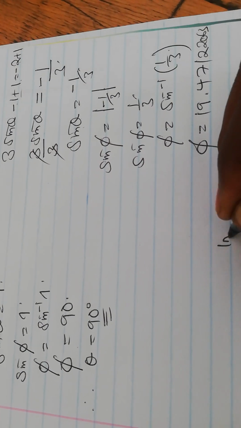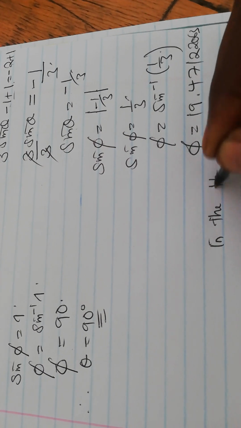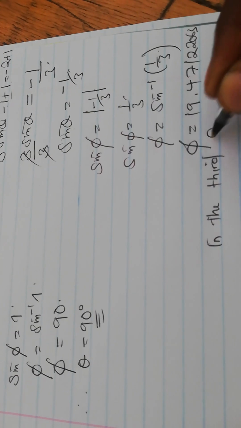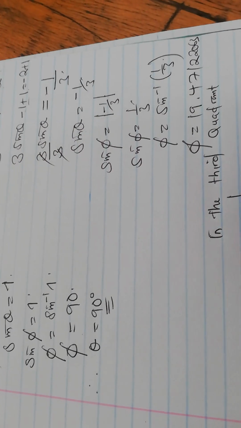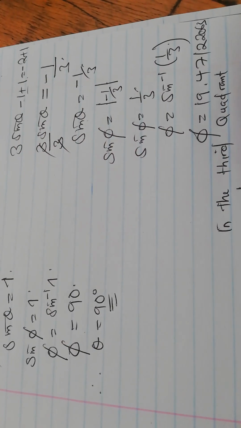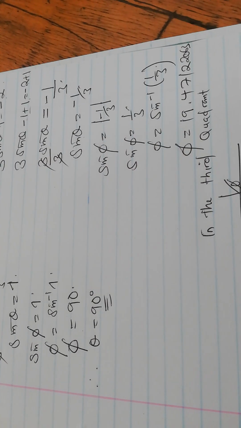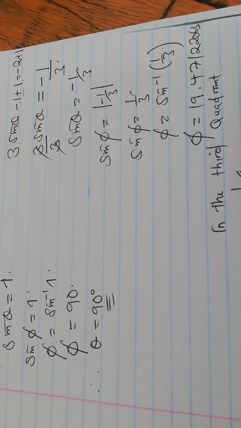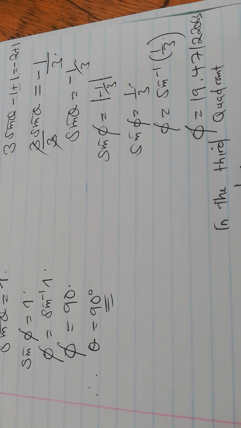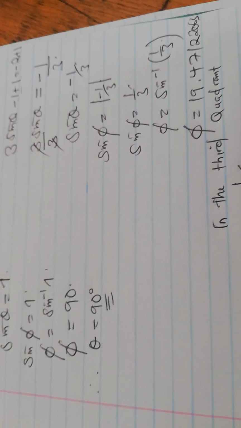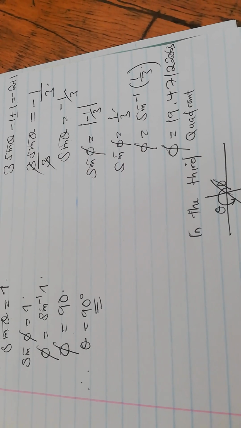So in the third quadrant, you have these quadrants, and this is your alpha. In the third quadrant, this is equivalent to this angle. So this is what you are calling theta.